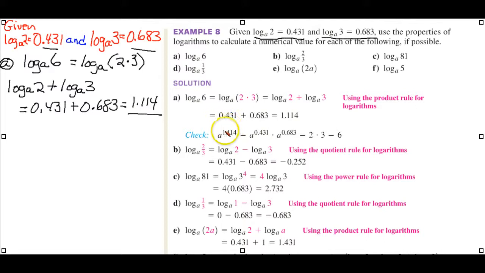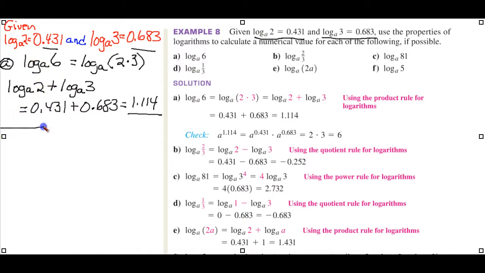And the check is that we said A to this power is the sum of these, which was a 2 and a 3 times 2, which is a 6. Okay, that was a little challenging.